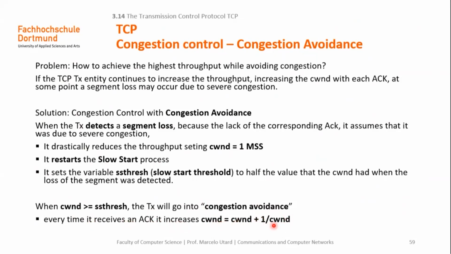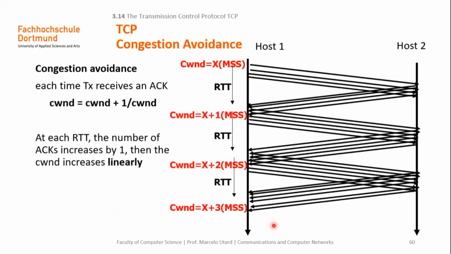For instance, if we have a congestion window of 4 MSS and we receive 4 acknowledges, then with each acknowledge we increase the congestion window by 1/4 of MSS.